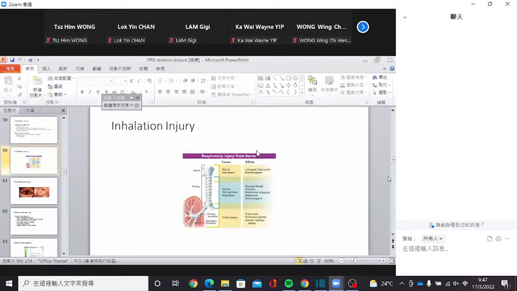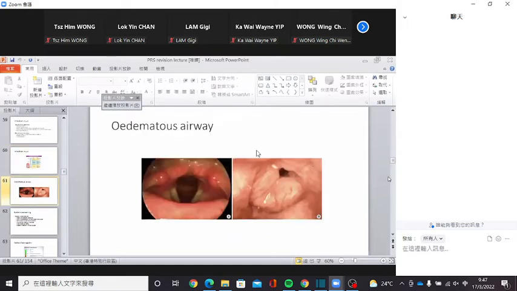So this is the diagram showing the inhalation injury. In the upper airway, the hot air and steam cause laryngeal obstruction and bronchospasm. And the lower airway injury is mainly due to irritant gas that causes pneumonia or pulmonary edema. This is the bronchoscopic view of the vocal cords, if you could appreciate.